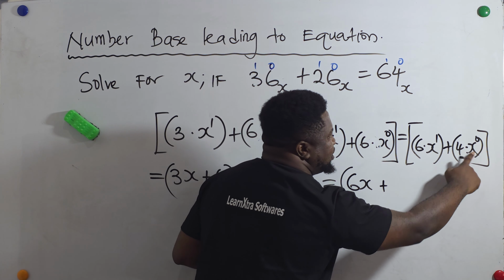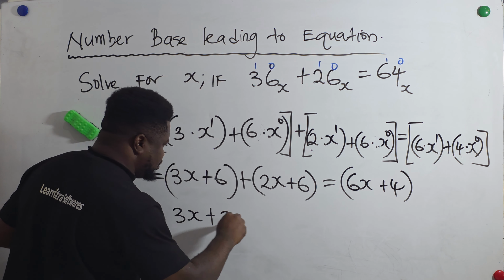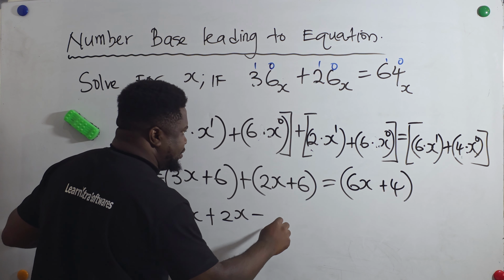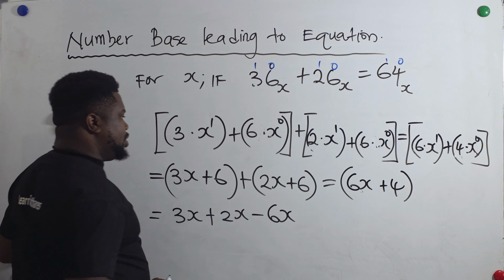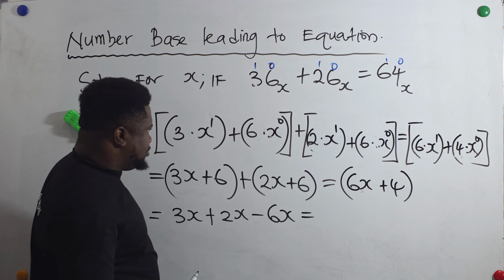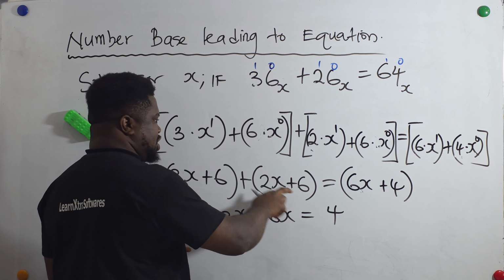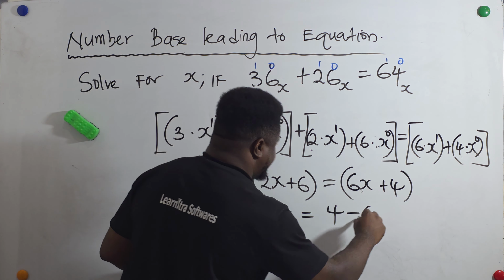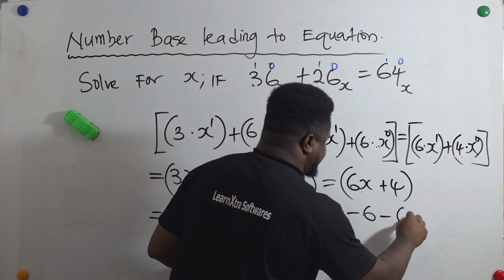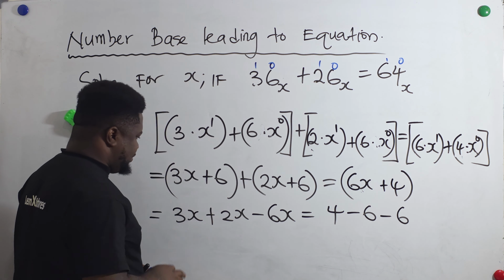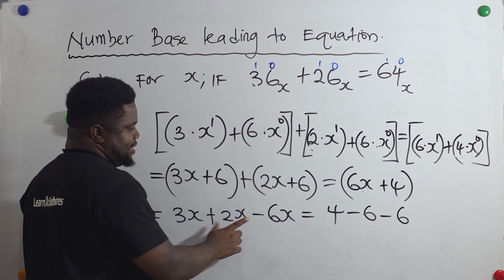So we collect like terms. That will be 3x plus 2x minus, copy over, 6x. Equal to, over here we have 4. 4 plus is going over comes to minus 6. Plus is over minus 6. So we have 3x plus 2x, 5x minus 6x.